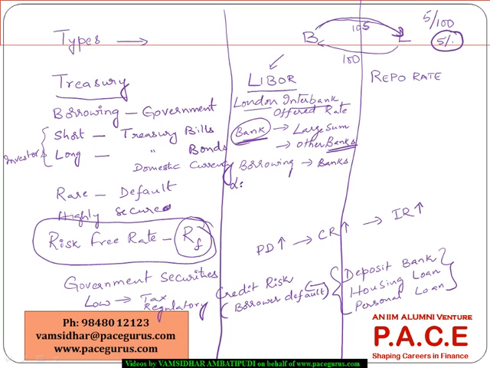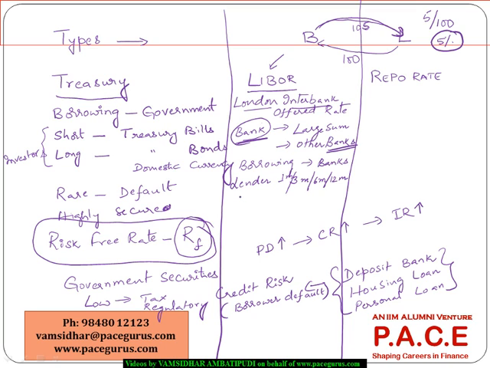The lender bank will quote the interest rate it expects if it wants to deposit for 6 months, 3 months, 12 months, even 1 month, different periods up to 1 year. These are called LIBOR quotes.